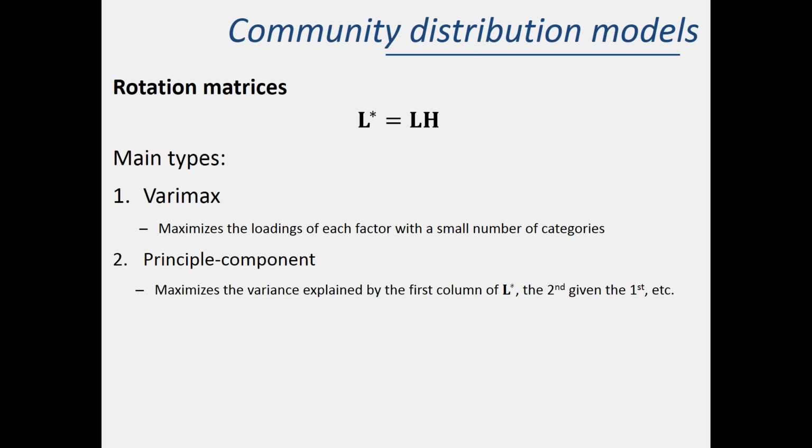So for instance, in 2016 I did this dynamic factor analysis, and I fitted all the species in the eastern Bering Sea, and then do the PCA rotation and just look at the first factor, and that factor will represent the maximum amount of the variance in the eastern Bering Sea that can be explained by one latent variable.